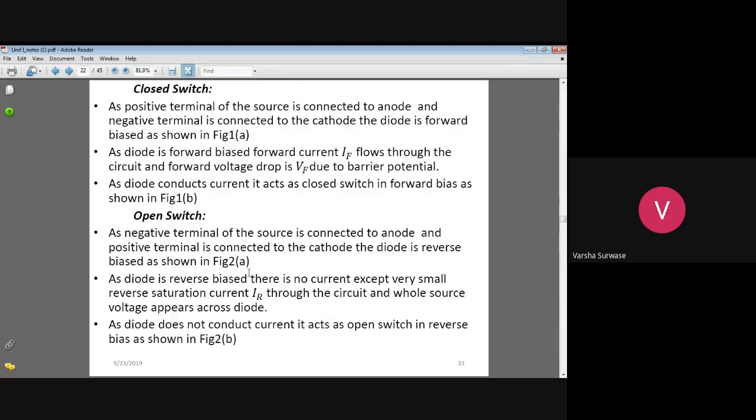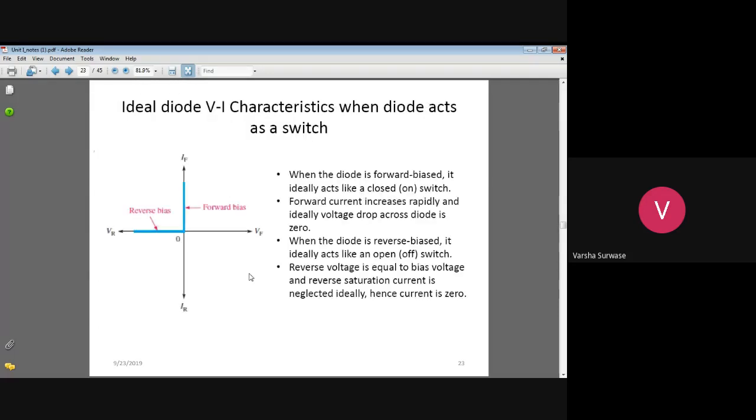Now we will see applications, the VI characteristics of the diode as a switch. You know that when we are using a silicon diode, after 0.7 volt it goes into the forward bias. And when we are using a germanium diode, it goes into forward bias after 0.3 volt.